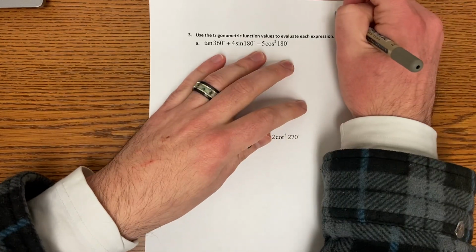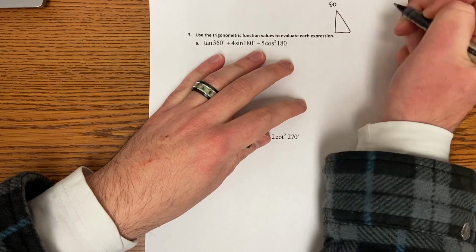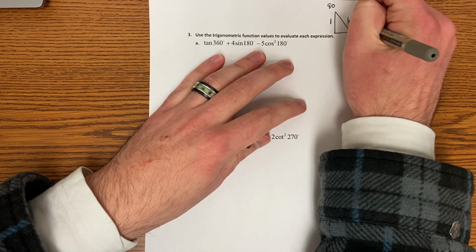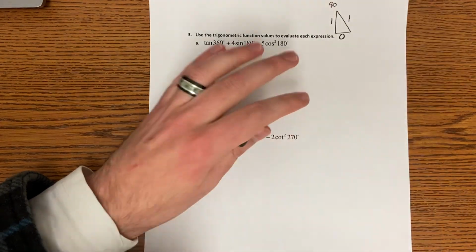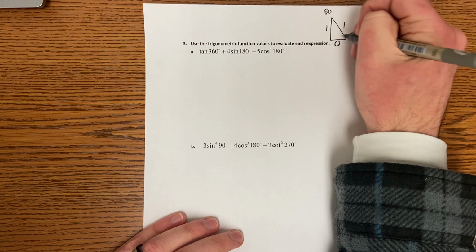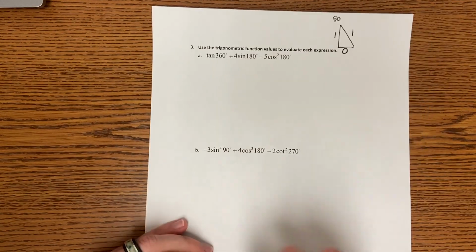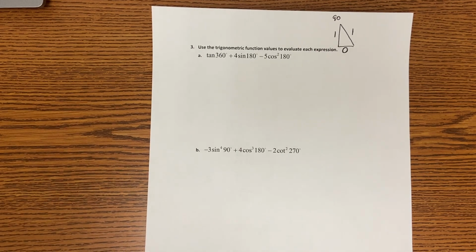So what I like to do is that if I have a triangle that's going up, say at 90 degrees, I'm going to draw a triangle going straight up to 90 degrees where my height is 1 and my radius is 1. And technically it just means my width is 0. And then you could do your SOHCAHTOA accordingly. But if you memorize the values, that will also work.